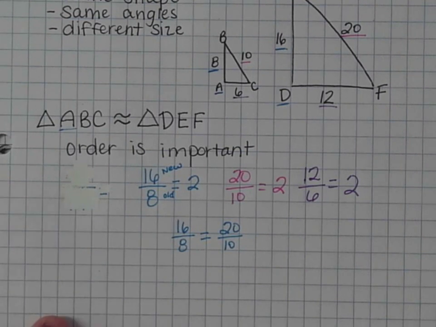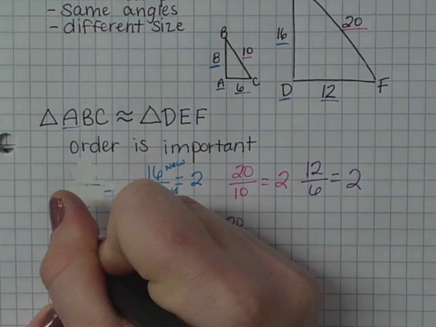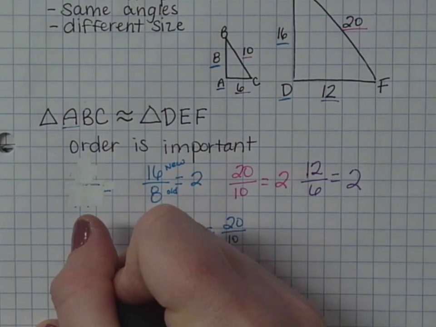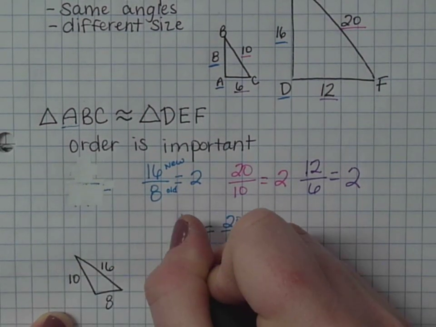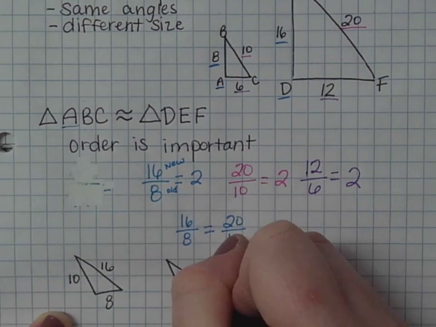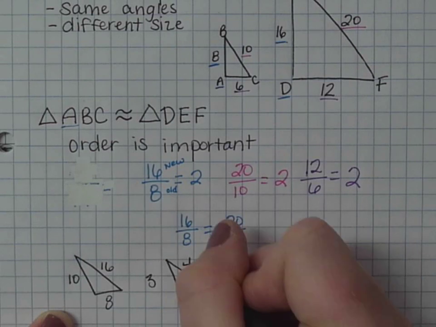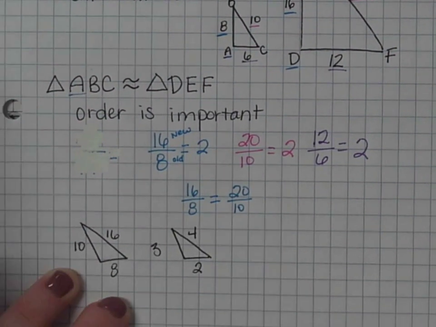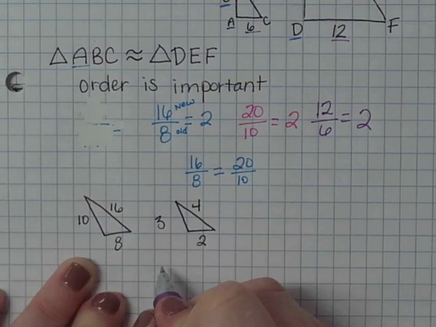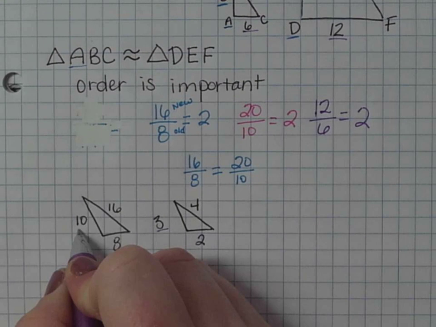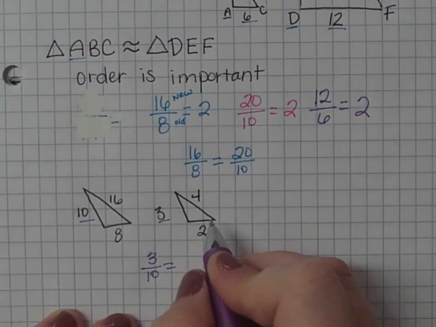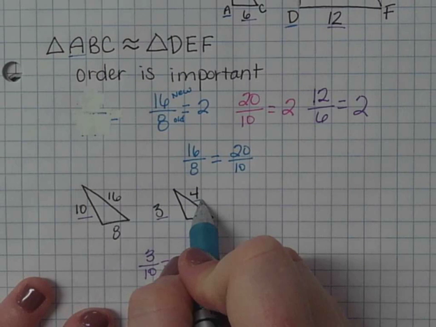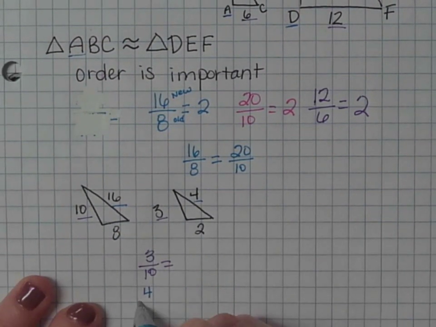Now let's see if a different set is similar. So if I have 10, 8, 16, and 3, 4, 2. So we'll do 3 divided by 10. 4 divided by 16.